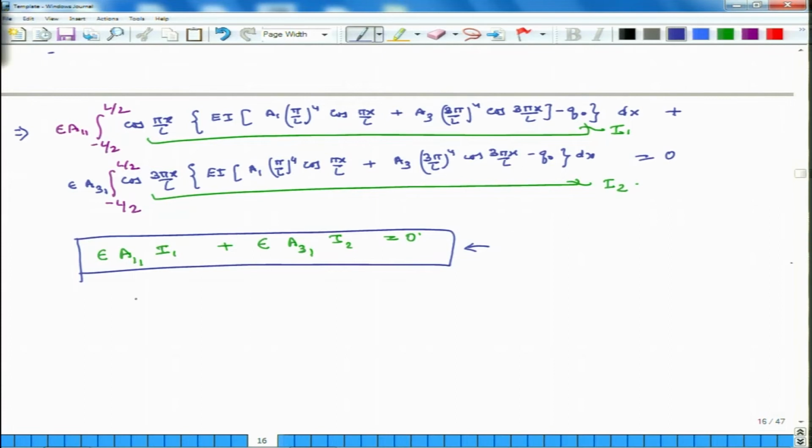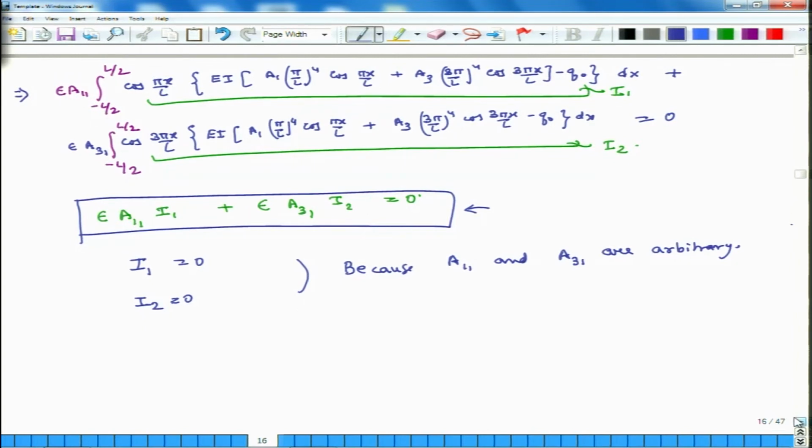What that means is that I1 should be 0 and I2 should be 0. This equation has to be true for all values of A11 and A31, so it can be true only if I1 is individually 0 and I2 is individually 0.